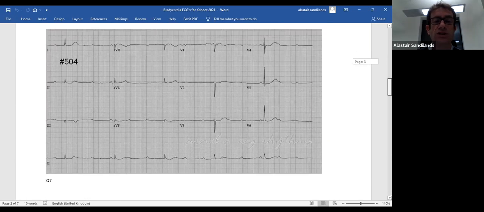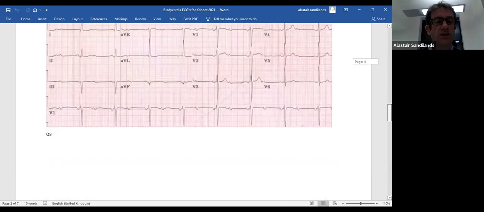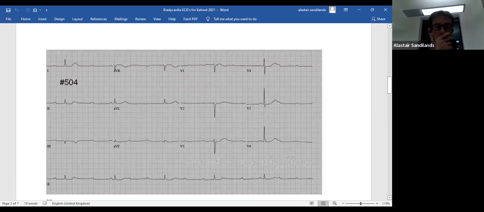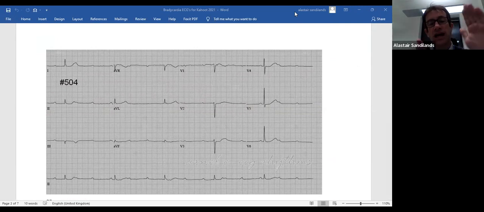This is question 7. Does it have to be left axis deviation, or can it be right? Yeah, you're right. It can be either. So you have to look at the axis and see, is aVL most positive? Then it would be left axis deviation. Or if lead 3 is the most positive lead in the axis, it can be right axis deviation.